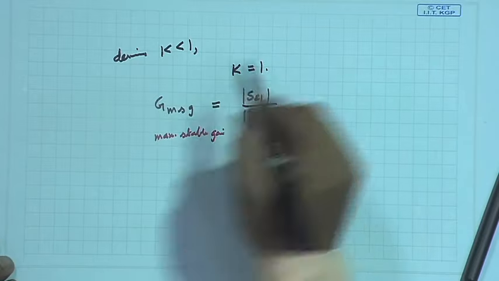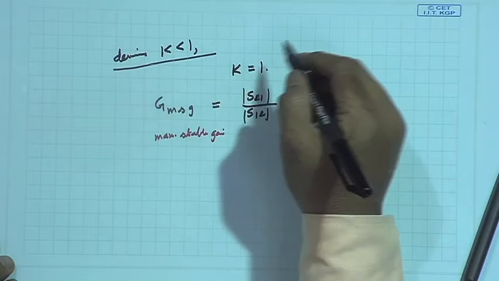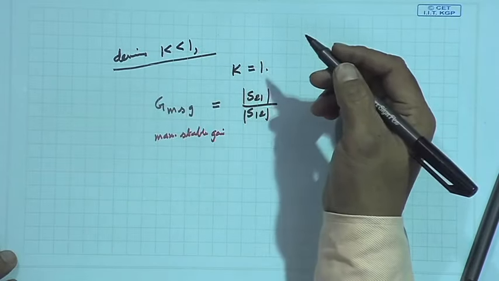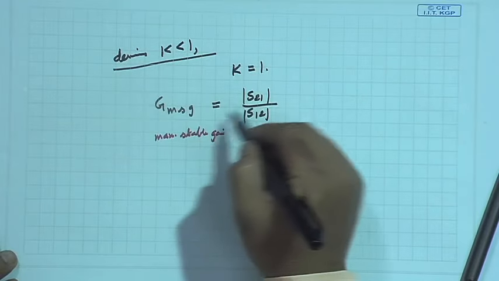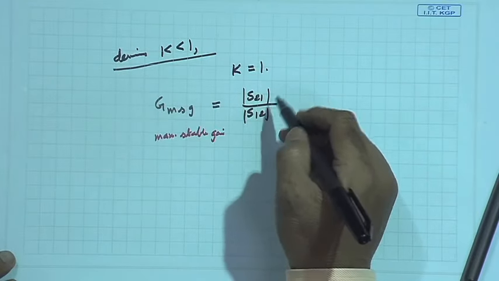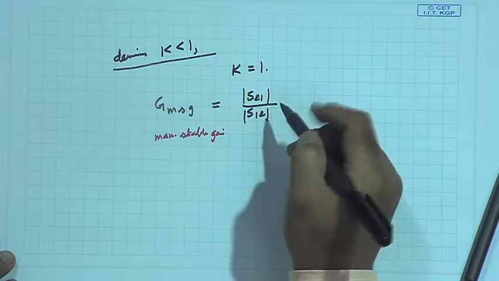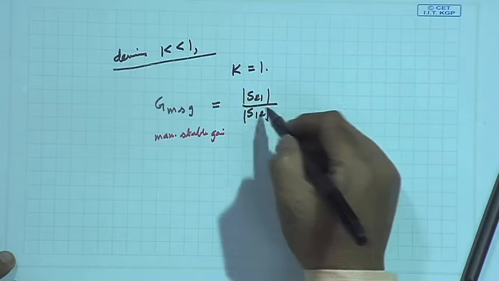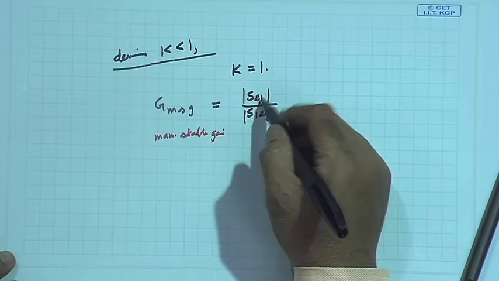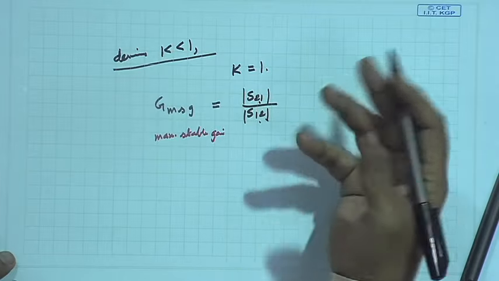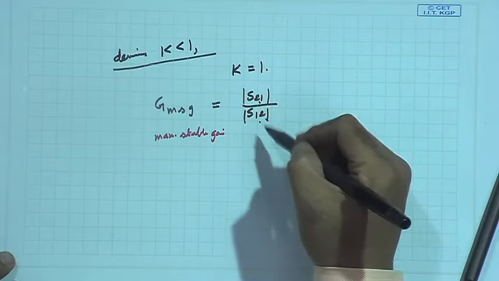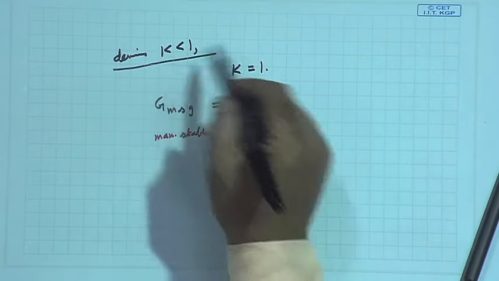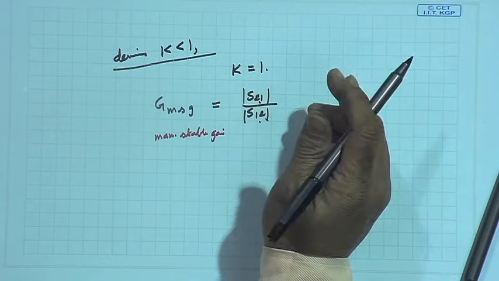So, if your device has failed the Rollett test, then also you can make a proper choice from this, and that time you will get a gain of S21 by S12. Usually in any practical transistor device, S21 is quite a high value and S12 is a low value. So, you get a good amount of gain even from a device without this.